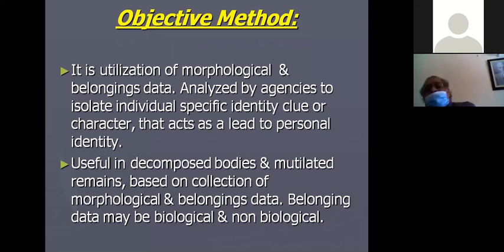Then is the objective method. Again, understand that in the subjective method, you have the subject from which you can gather the information. Objective method is utilization of any morphological and belongings data.